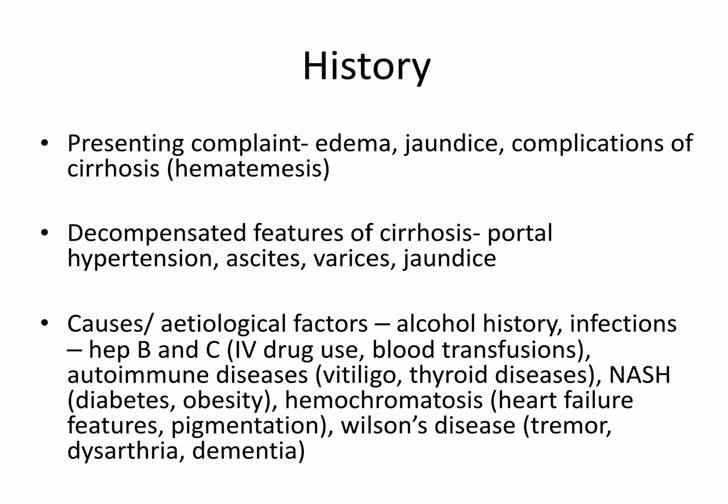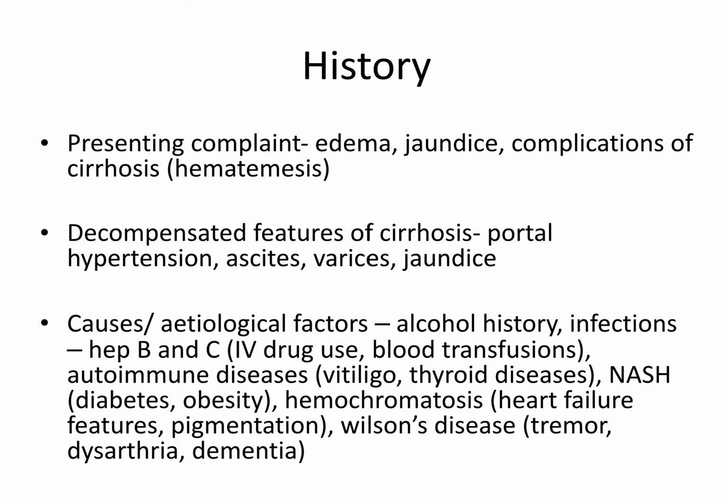Usually if a patient has cirrhosis or chronic liver cell disease, they will present with edema, jaundice, or complications of cirrhosis like hematemesis, and we will talk about the complications a bit more.